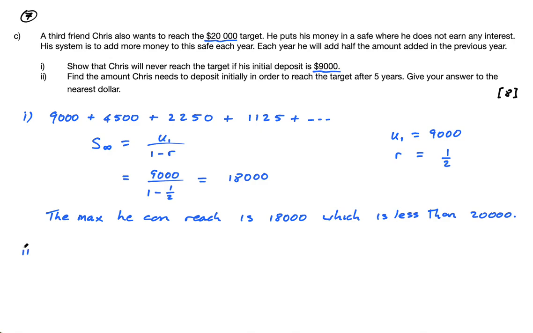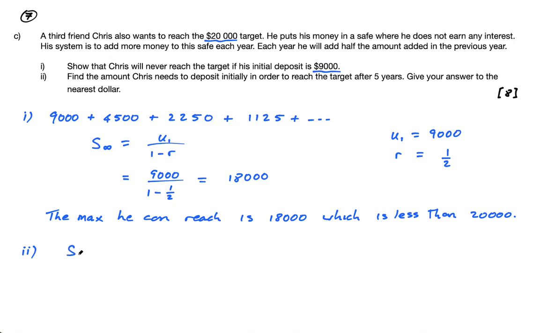Okay. Part II. Find the amount Chris needs to deposit initially in order to reach the target after 5 years. Give your answer to the nearest dollar. So, okay, guys, this has simply become a geometric sequence question and a sum of geometric sequence.